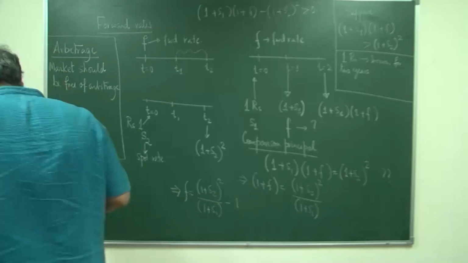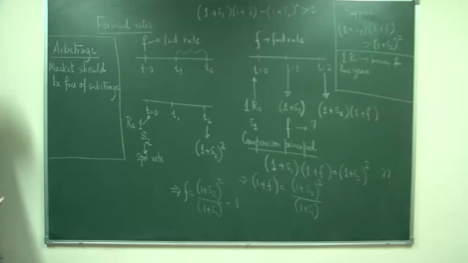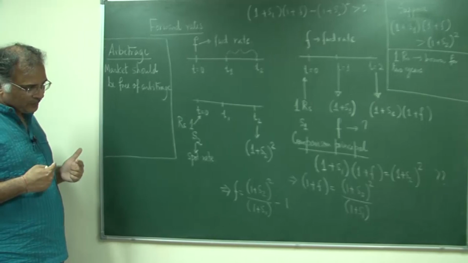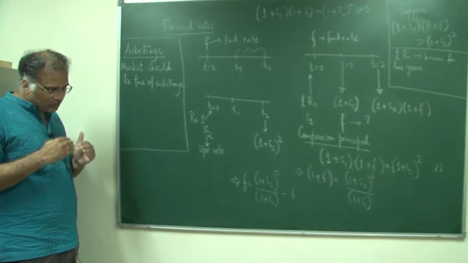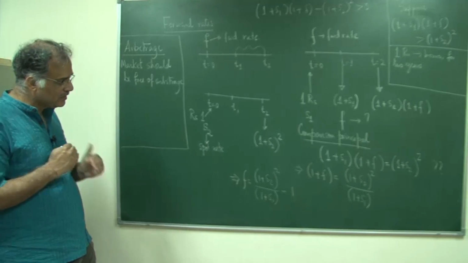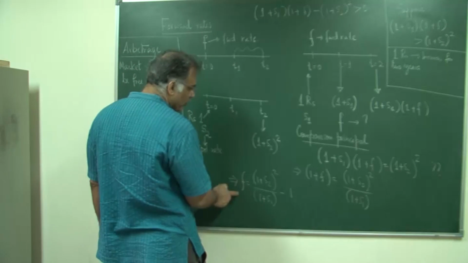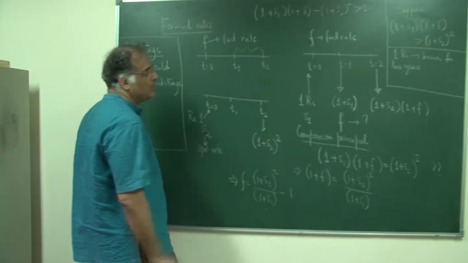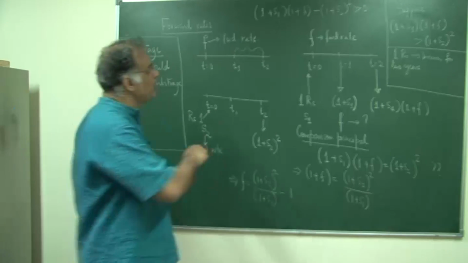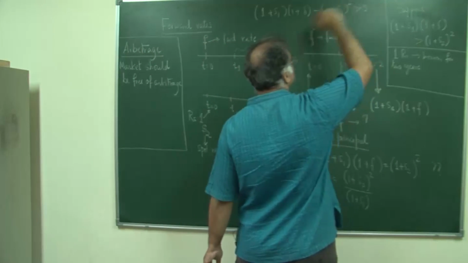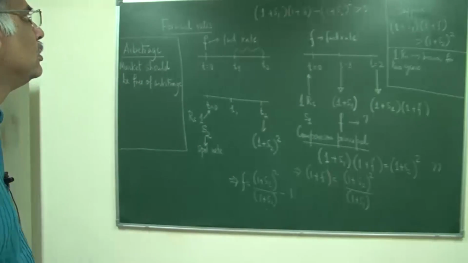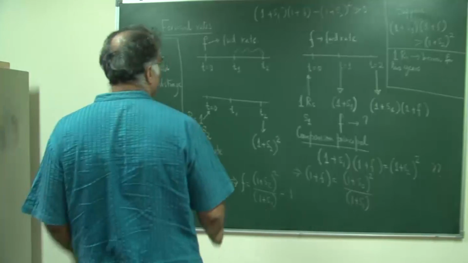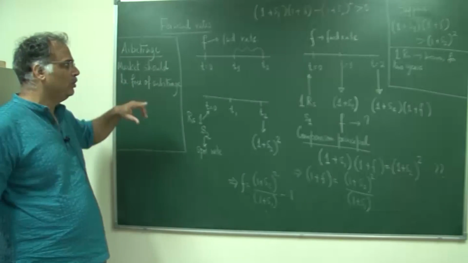So people will see this and say, oh, everybody can do that and have lots of money. The answer is that when people try to do that, the market tries to balance itself such that the only allowed forward quote would be this one. Of course, you can argue it in the opposite way, and I leave that to you: what argument you will make if it is strictly less.